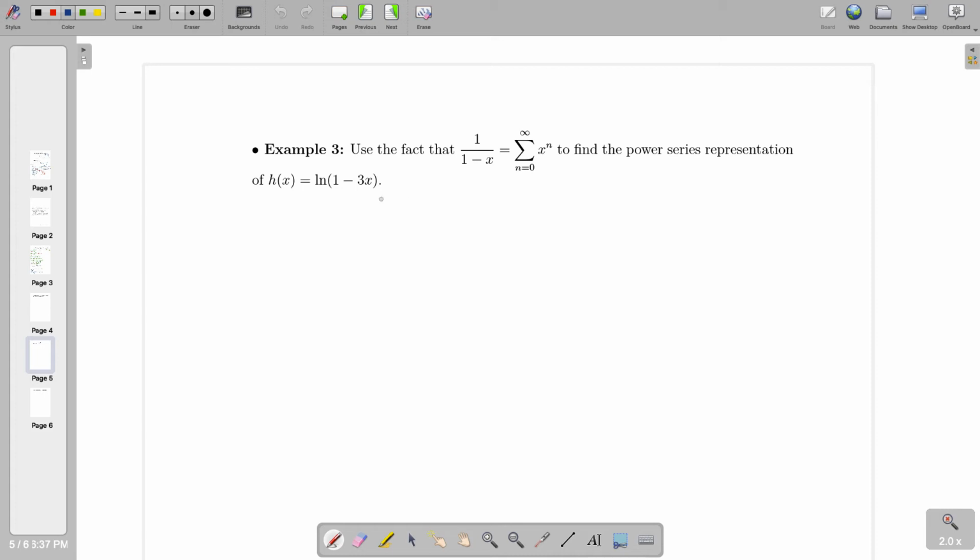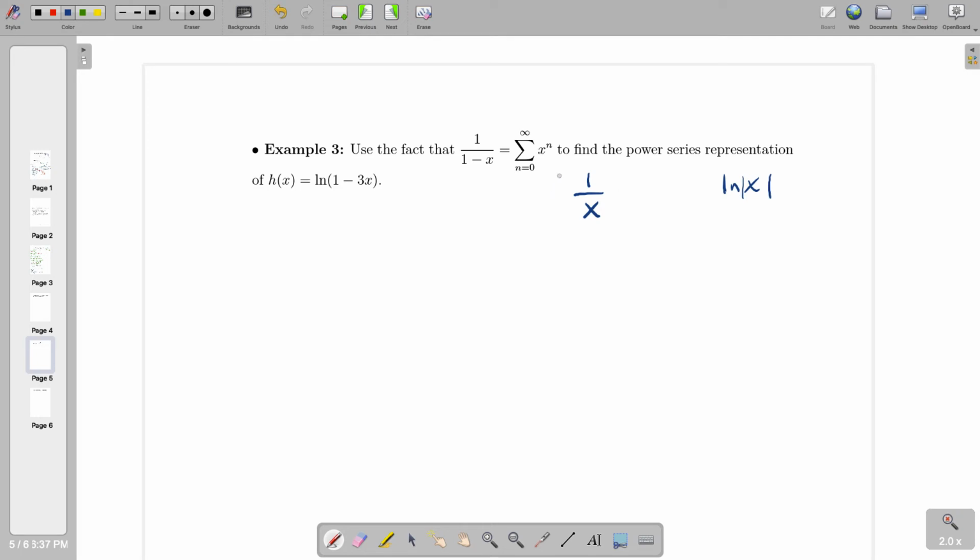Okay, but here's the thing we should think about. In Calc 1, or excuse me, Calc 2, what would we have to do to something like 1 over x to produce the natural log of x? Right?